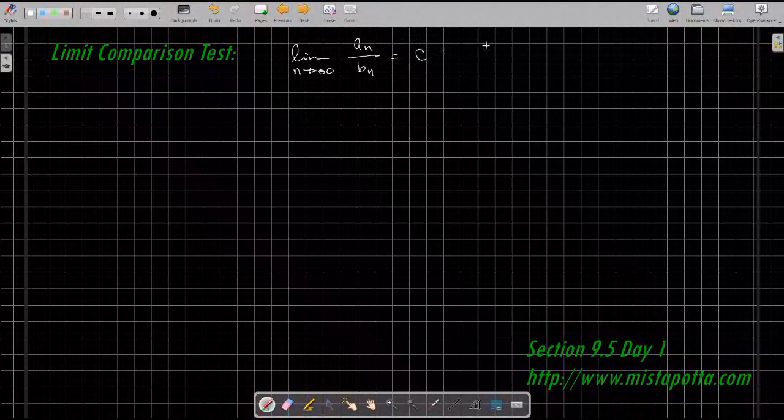And if this is true, then the sum of a sub n and the sum of b sub n either both converge or both diverge.